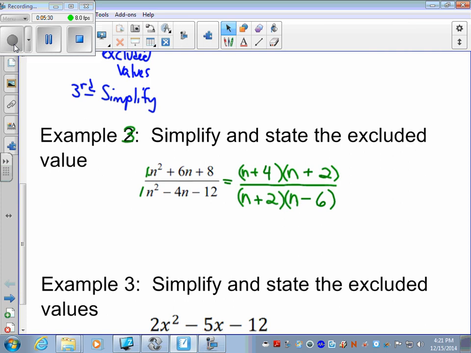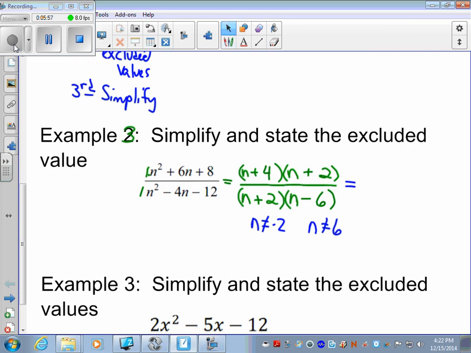We then look at the excluded values. What will make the denominator 0? If we put negative 2 in for n, that'll make the denominator 0. And also if you substitute in 6, that'll make the denominator 0. So neither one of those can happen. And now we simplify.